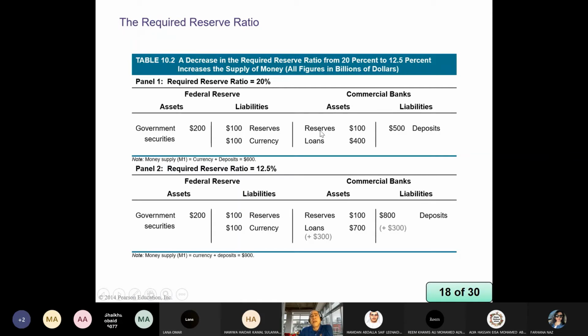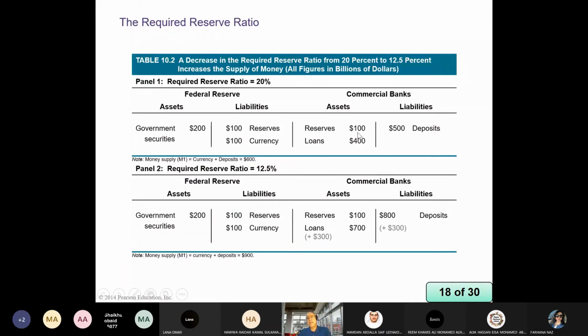Since the commercial banks have a reserve of 100 and the required reserve ratio is 20%, calculate for me the money multiplier. What is the money multiplier? 1 divided by 0.2. It is 5.